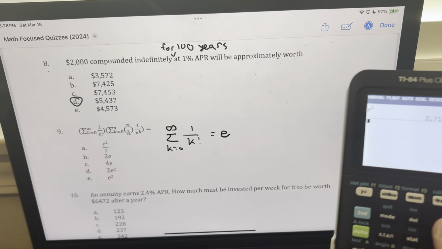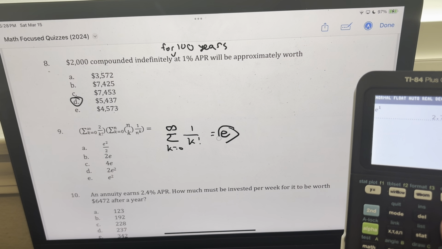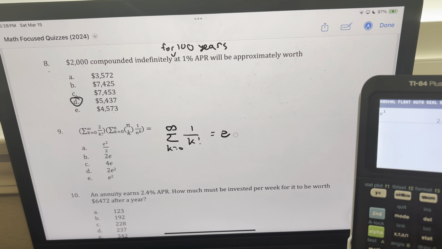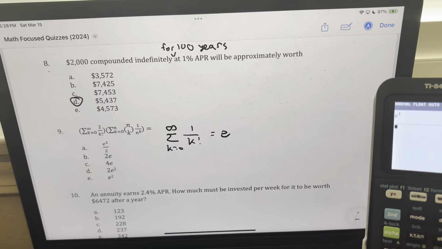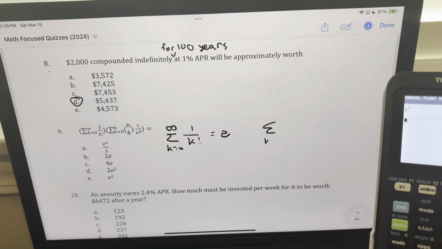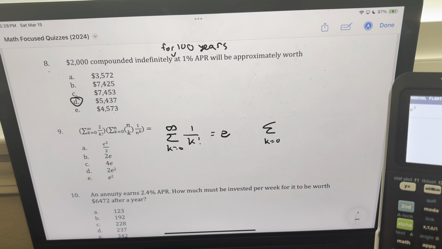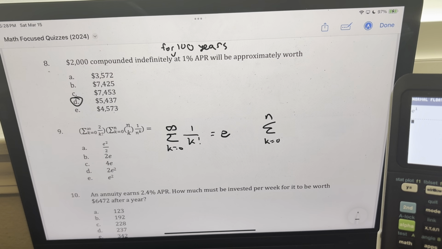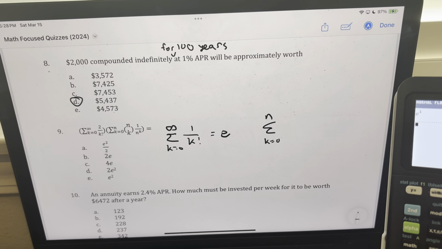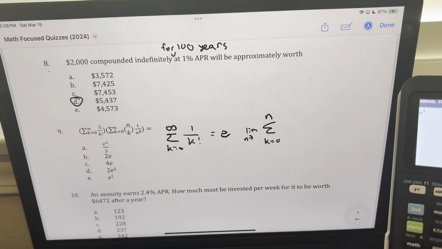So yes, this is a very nice constant that you'll be using. So you just have to say, oh, that's equal to e. Guess what else is equal to e? The sum k equals 0 to n. Now, no, this is when the limit of n approaches infinity.